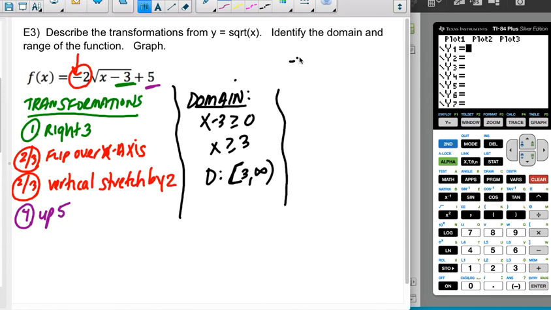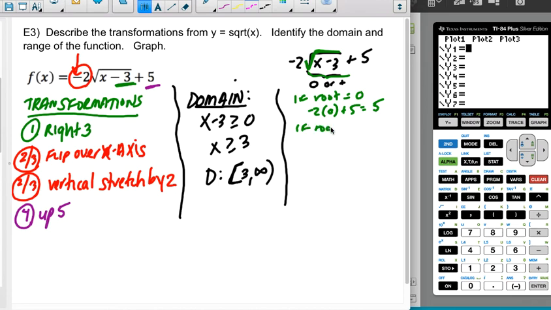For the range, here's the deal. The actual physical root, just this piece right here, is going to be 0 or positive. If the root were 0, then this would be negative 2 times 0 plus 5, which would be 5.